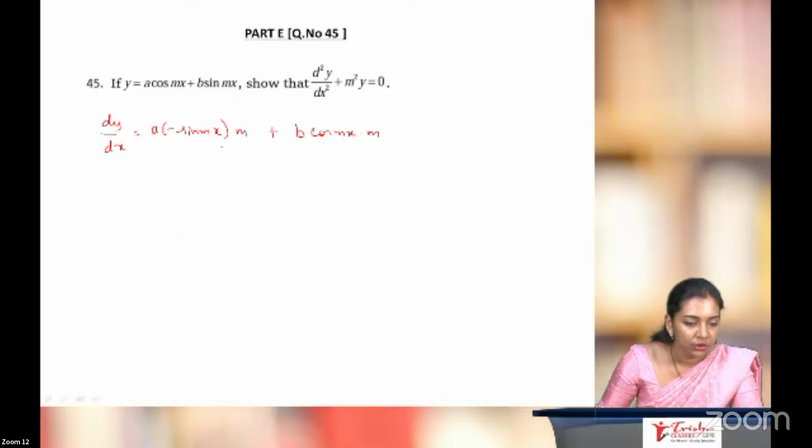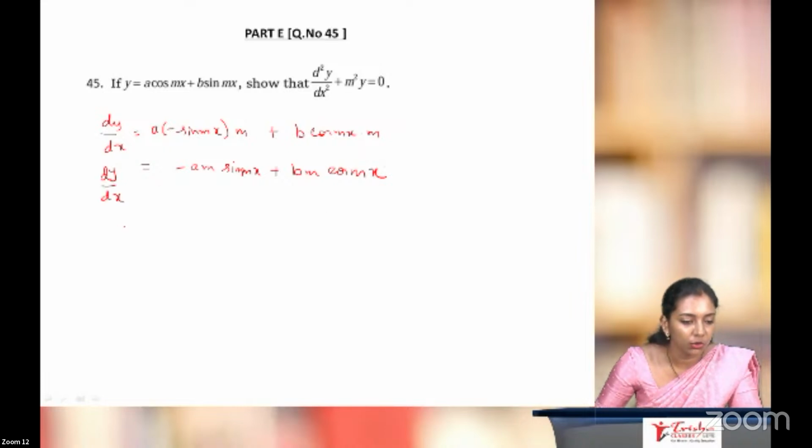Now we have minus am sin mx plus bm cos mx. Okay, so this is our y dash or dy by dx.